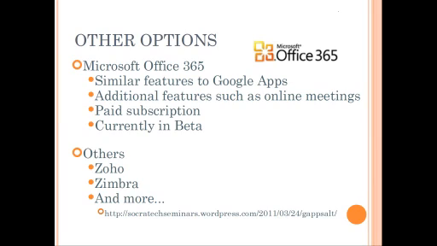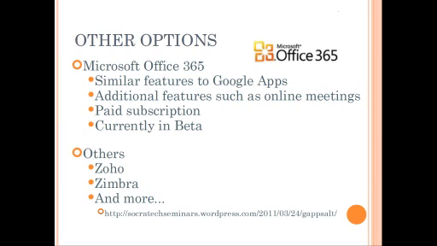Often we look to Microsoft first, which is one of Google's big competitors. They're actually still working on coming out with their alternative to Google Apps. It's called Microsoft Office 365, and right now it's in beta, which means that they've got it mostly done and they're testing it with a smaller group of people before releasing it to everybody.